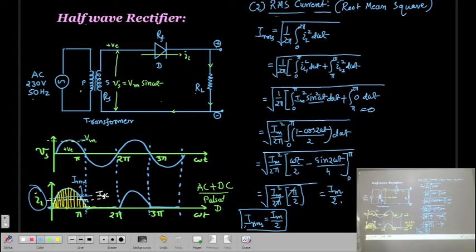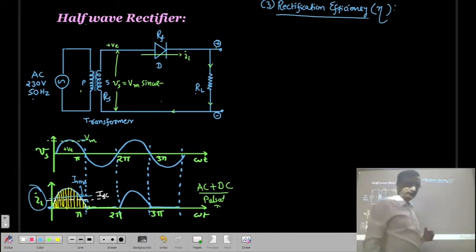Correct? So in this way, whatever the load current is, in this load current we find out the DC component, the AC component, and the RMS value of the AC current. Once you know these two currents, we can define the rectification efficiency. What is the efficiency in this case? Normally in physics, efficiency is defined as the output parameter divided by the input parameter.